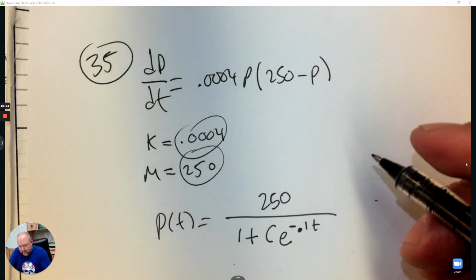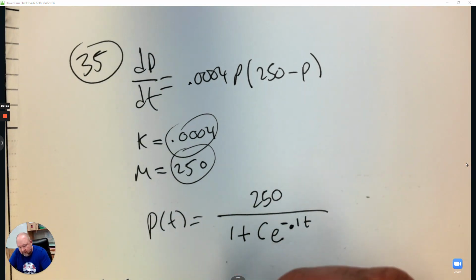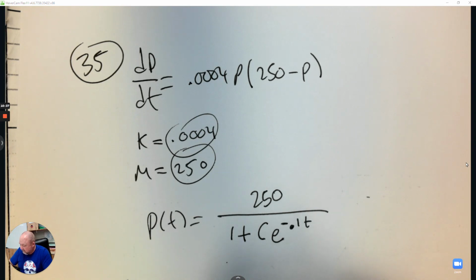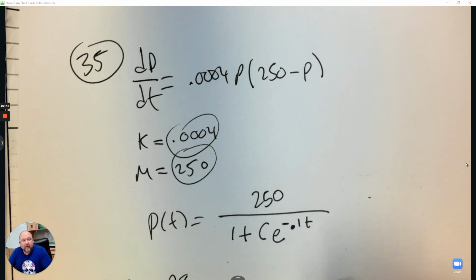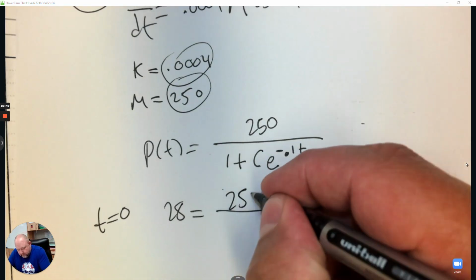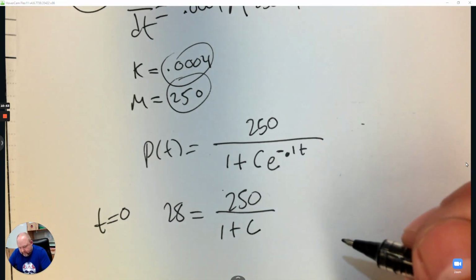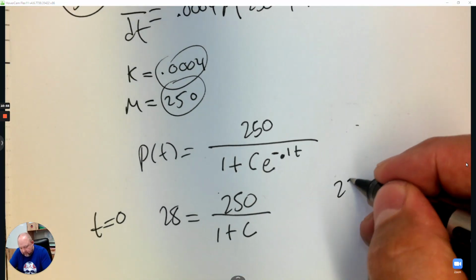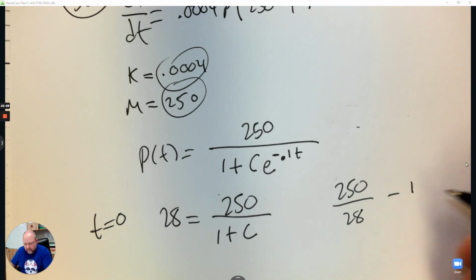There it is. It says when t is 0, the population at the beginning of 1970 was how many gorillas? 28. So if I put in 0 for t, basically what's 250 divided by 28? And then subtract 1.